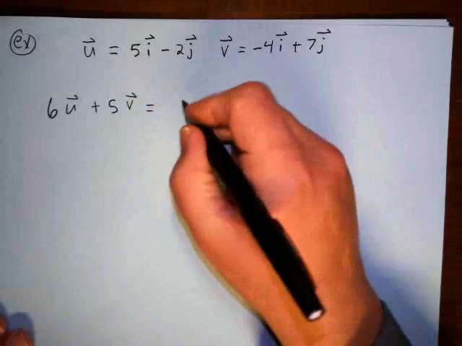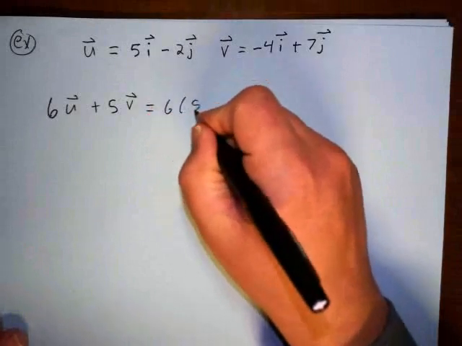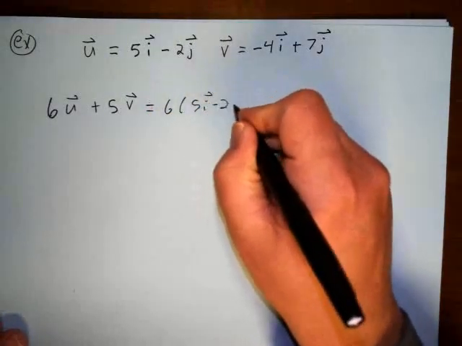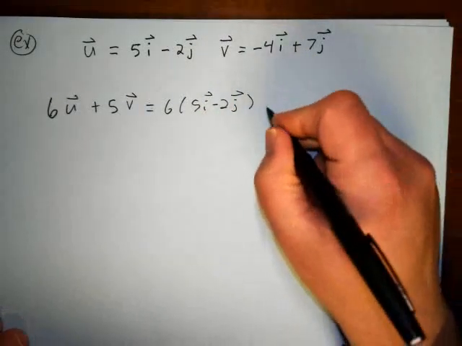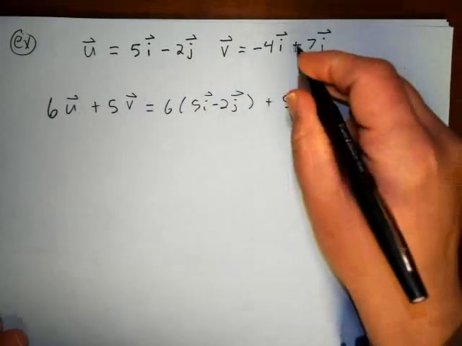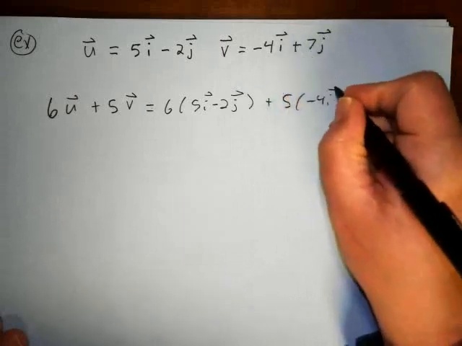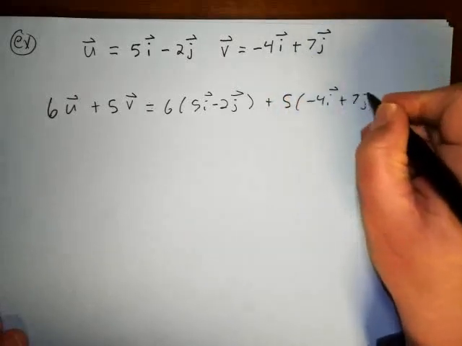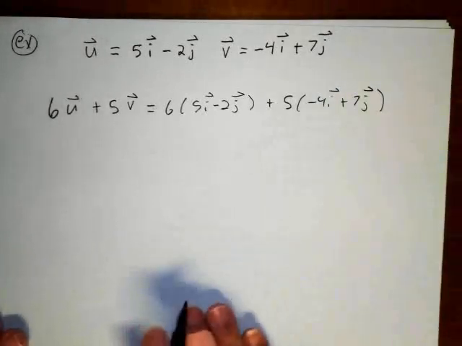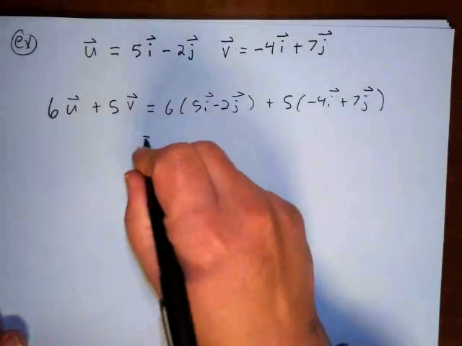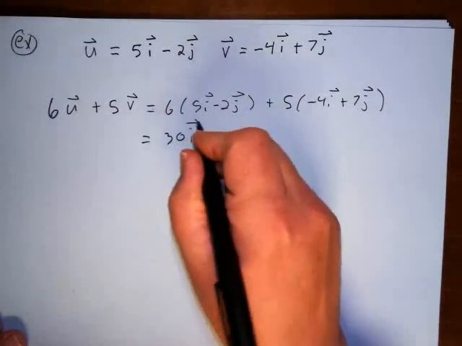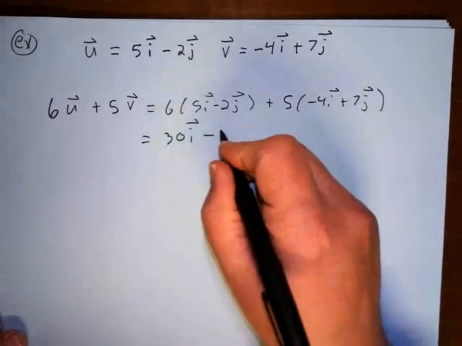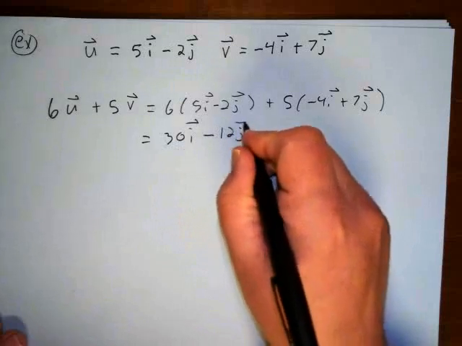So I could rewrite this as 6 times 5i minus 2j, plus 5 times -4i plus 7j. Then I'm distributing here, and I would get 30i minus 12j.